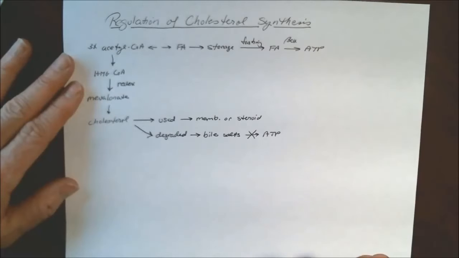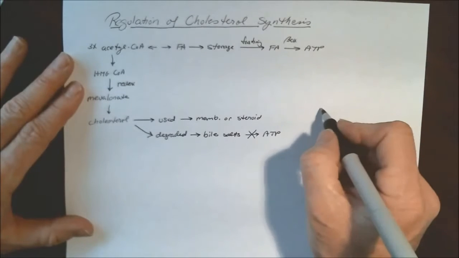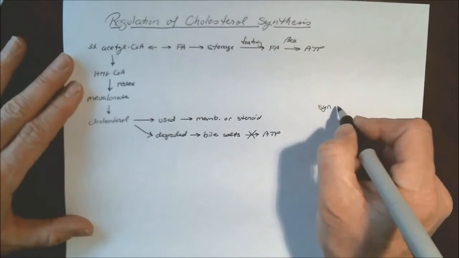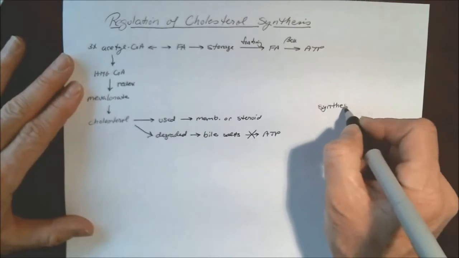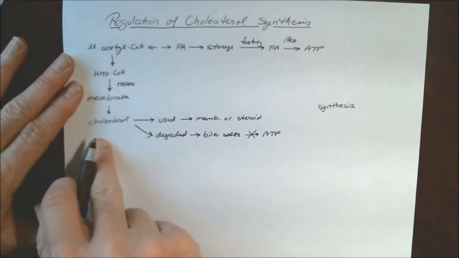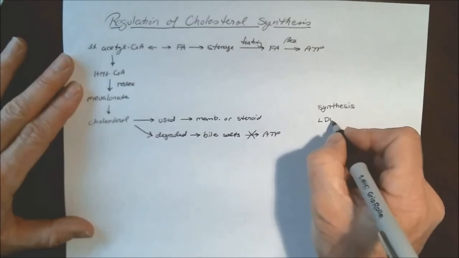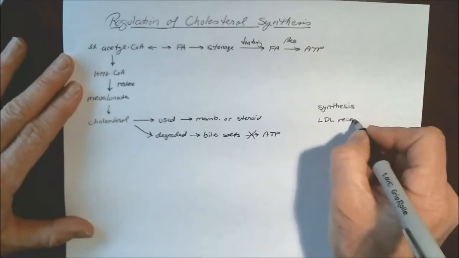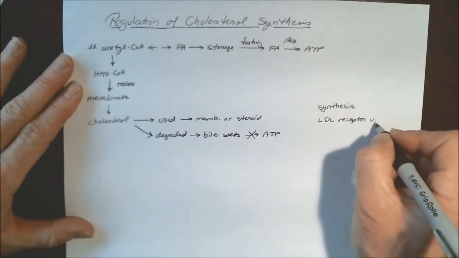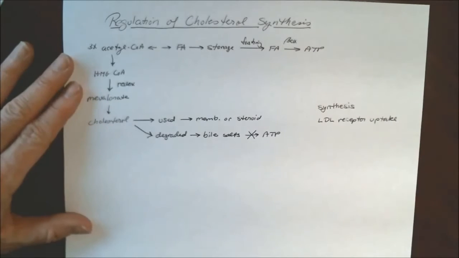So there's two different paths that we can obtain cholesterol. Remember the biosynthetic pathway, which is what we just looked at here. The other pathway is from LDL receptor uptake, which we saw on the last video.